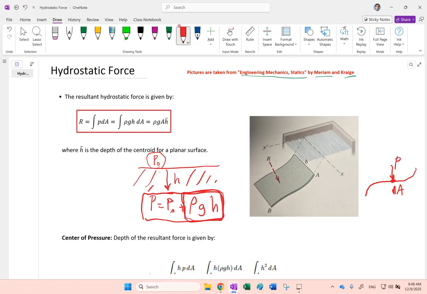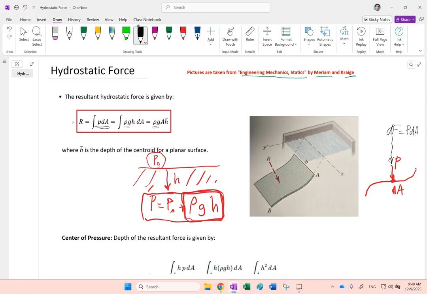So to calculate the equivalent force, dF is going to be that pressure times the area dA, and then you integrate it over the whole surface to get the whole resultant force. So it's the integral of rho g h dA. Rho and g you can take out if you assume rho is constant and the fluid is not compressible.